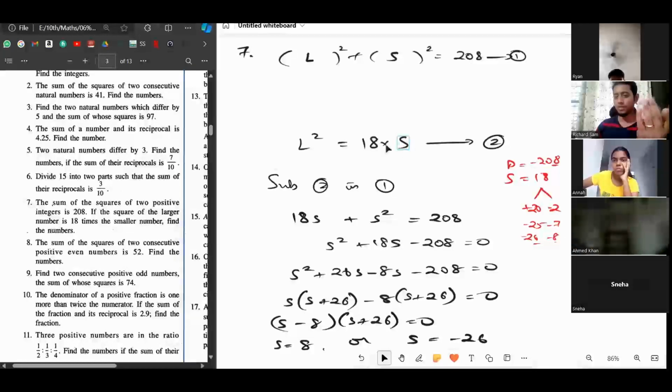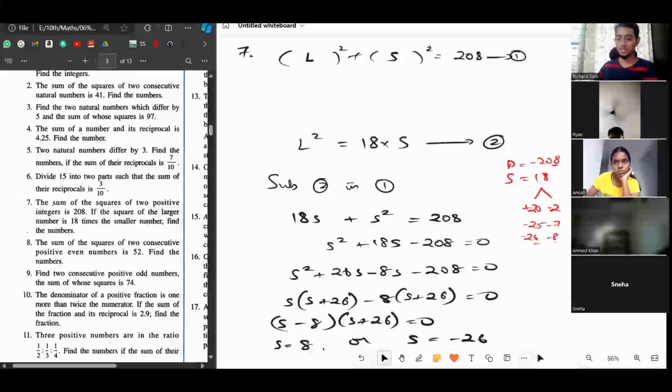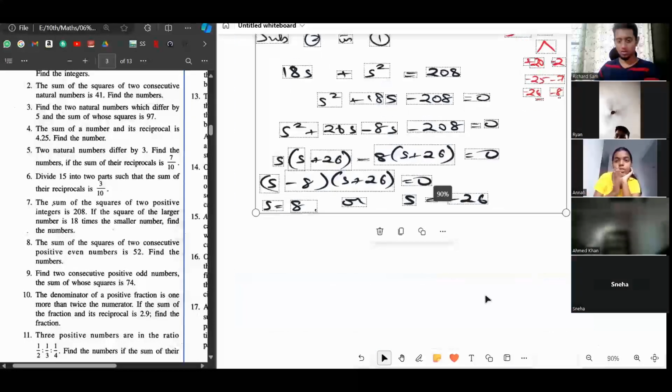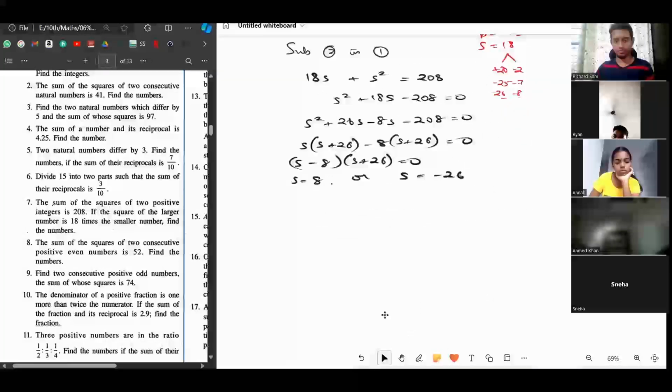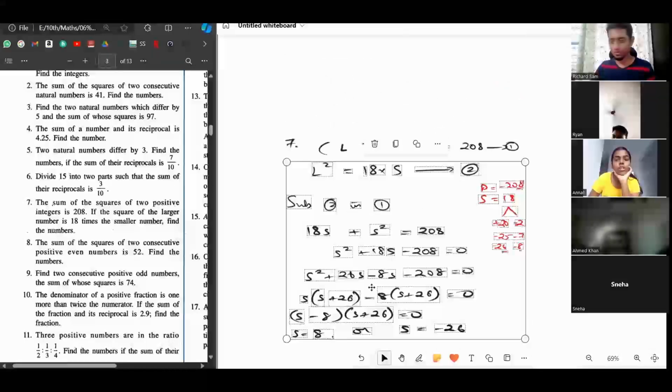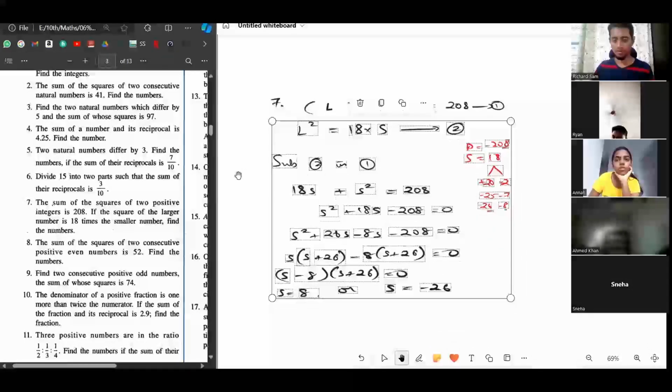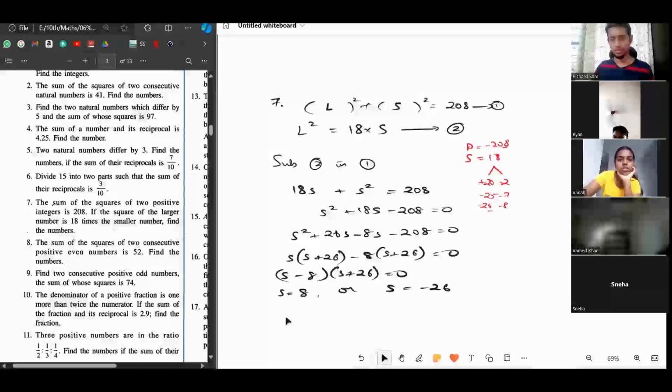Put s over here and you will find L. Is everyone clear on how to solve this? Okay, completed? Tell me the answer. L is equal to 12. So 8 and 12 are the two numbers.